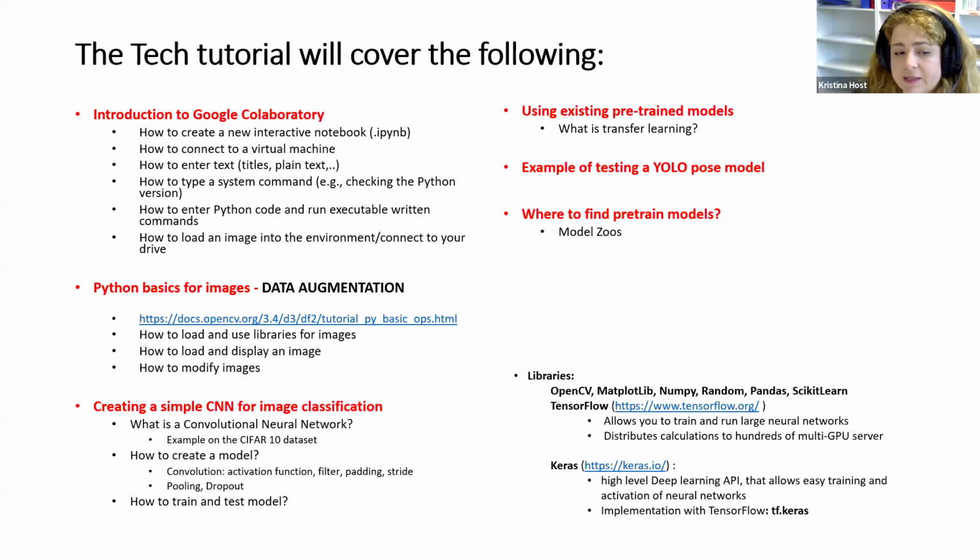That's the second part. The third part will be to create a simple convolutional neural network, with the background of what a convolutional neural network is, how to create a model, what the basic concepts are that we have to use, and how to train and test the model.